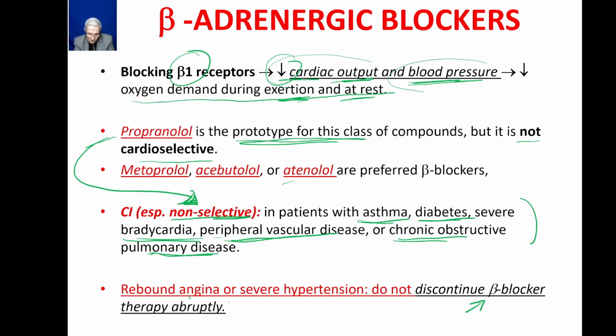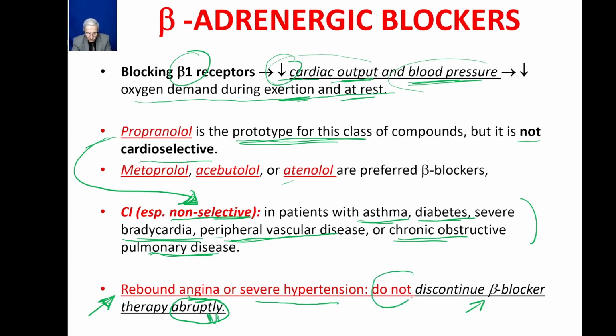If the patient is on beta blockers with long-term use and you try to change the medication, if you stop this medication suddenly, abruptly, the patient may suffer from rebound angina or severe hypertension.